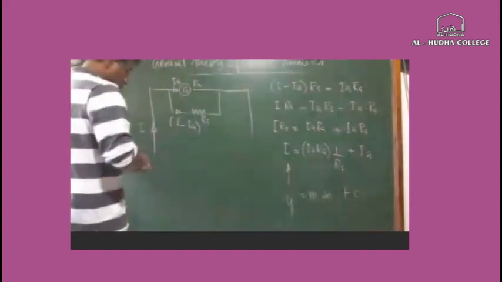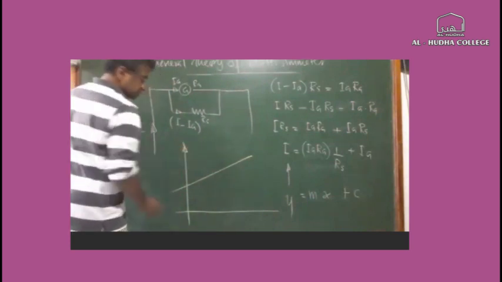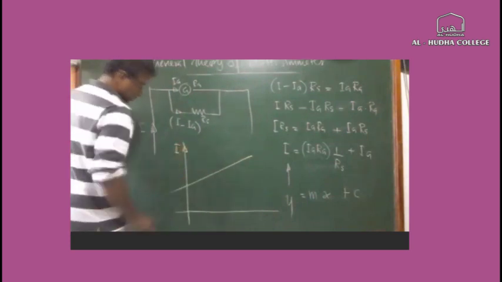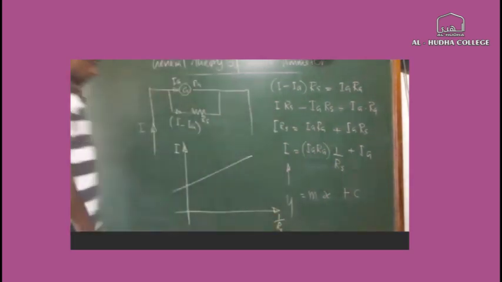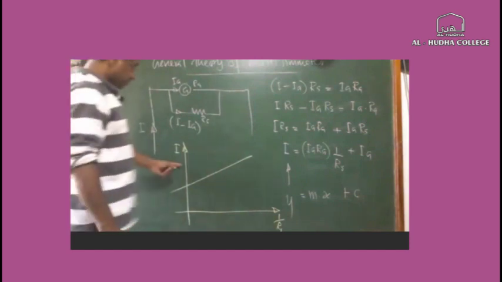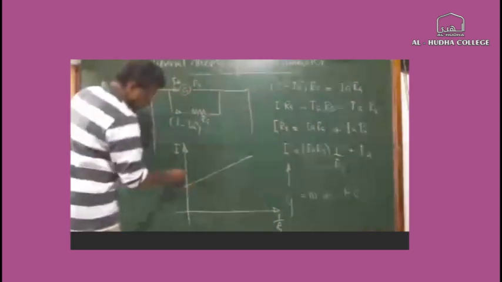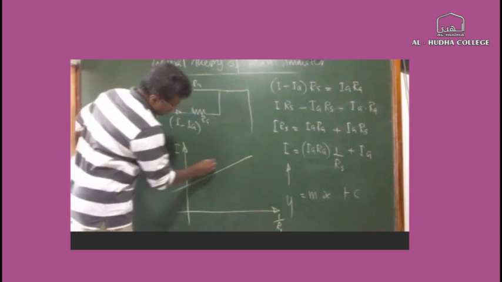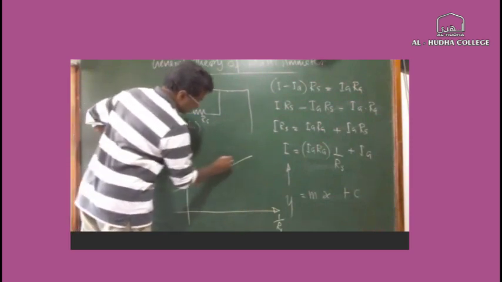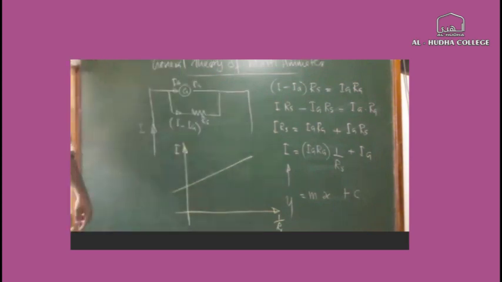So if you draw a graph, it comes like this. On the y-axis you get I, on the x-axis 1 upon R. Now for different ranges of current you want to measure, you can find the shunt resistance required.